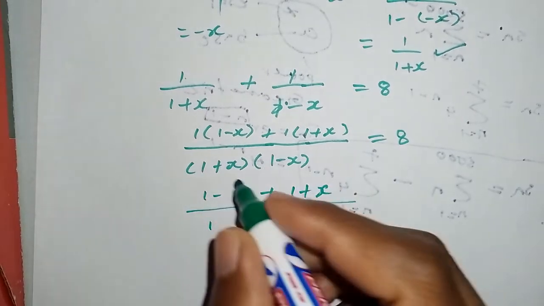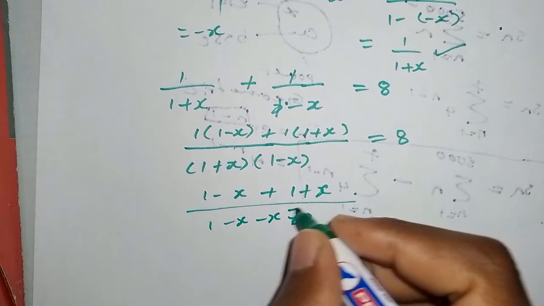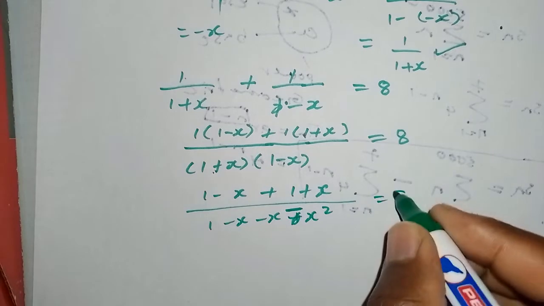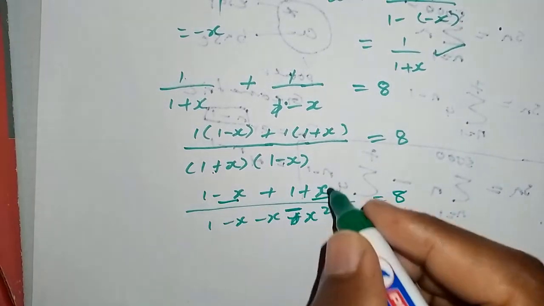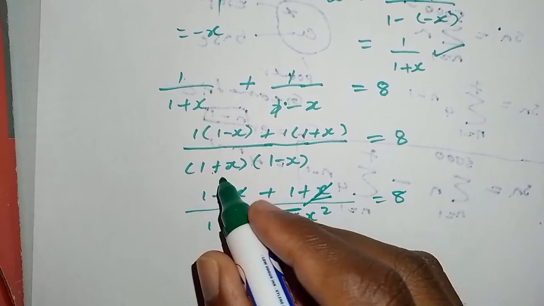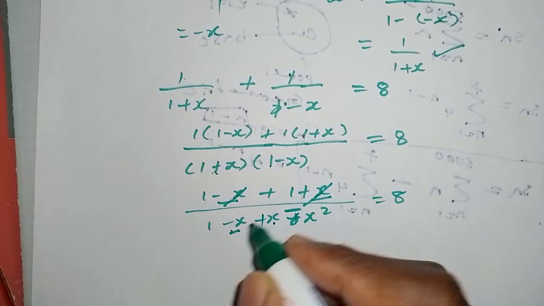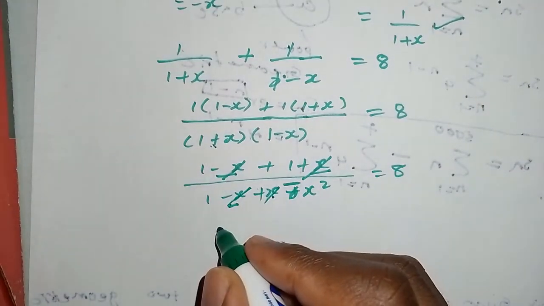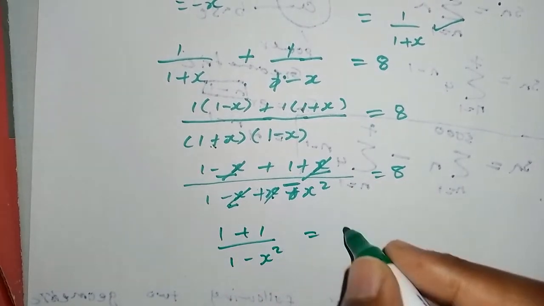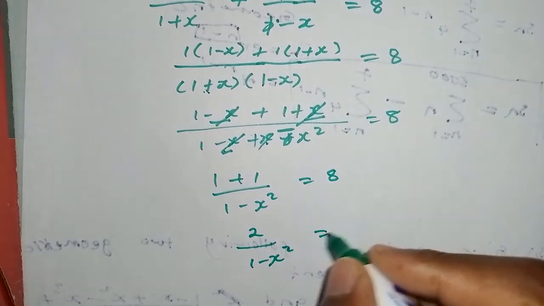The bottom is 1, then minus x plus x, and minus x squared, because negative times positive is negative. Let me correct that: the 1 should be positive, and the x terms cancel out. Then I'm going to have 1 plus 1 over 1 minus x squared equals 8, and this is 2 over 1 minus x squared equals 8.